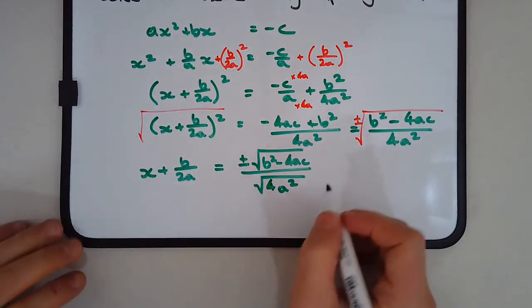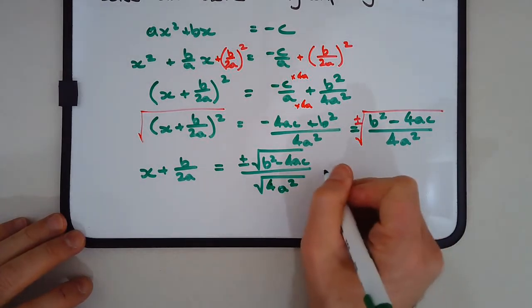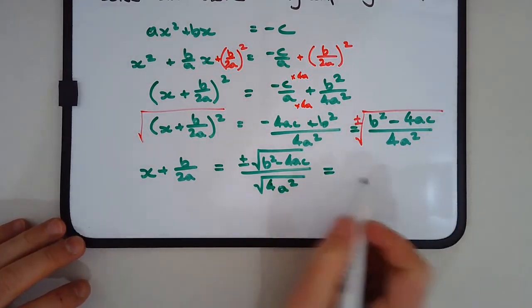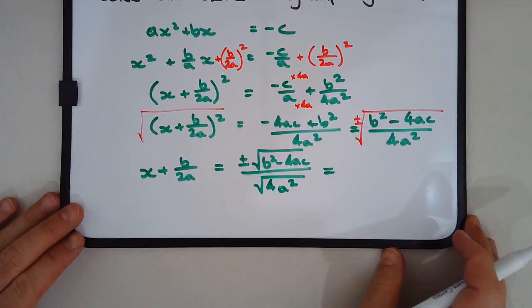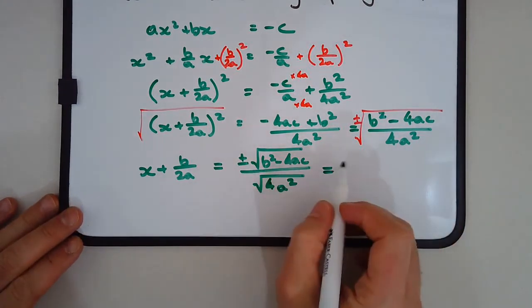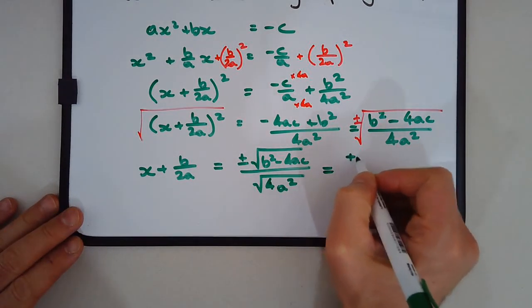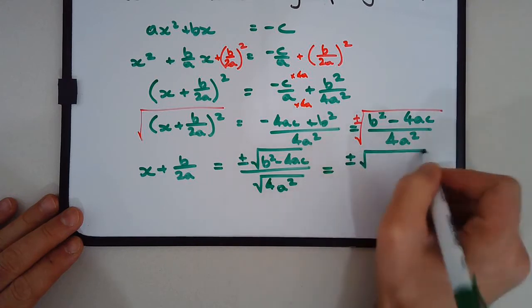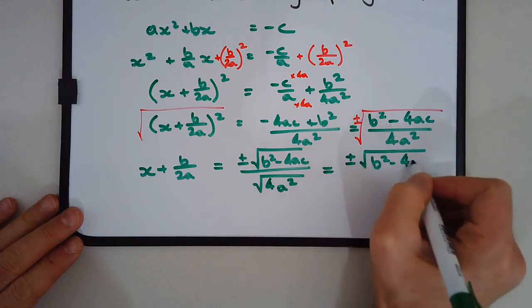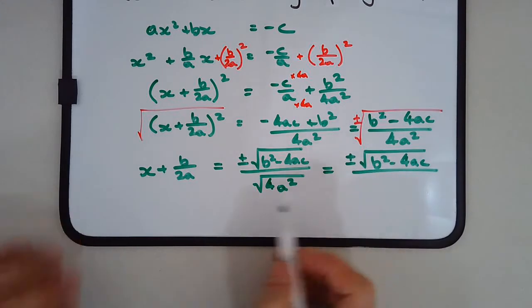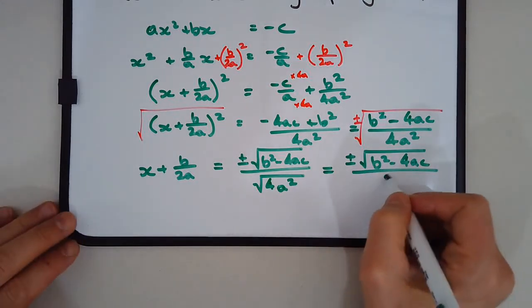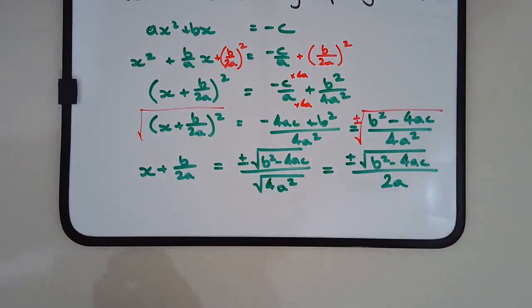That's equal to, and again, I don't normally do this, but I'm running out of space here, so just bear with me. So it's going to be plus minus the square root of b squared minus 4ac over. Now the square root of 4a squared is just 2a, of course.